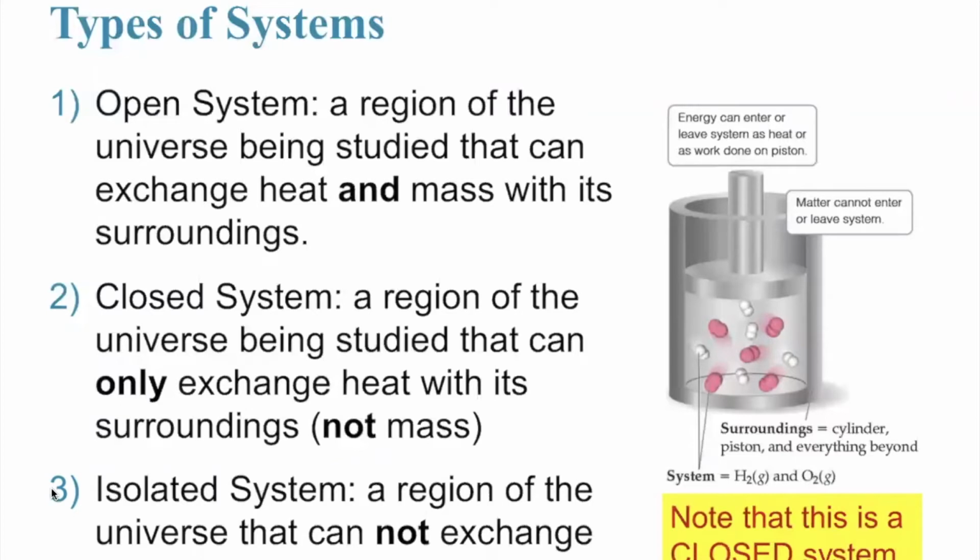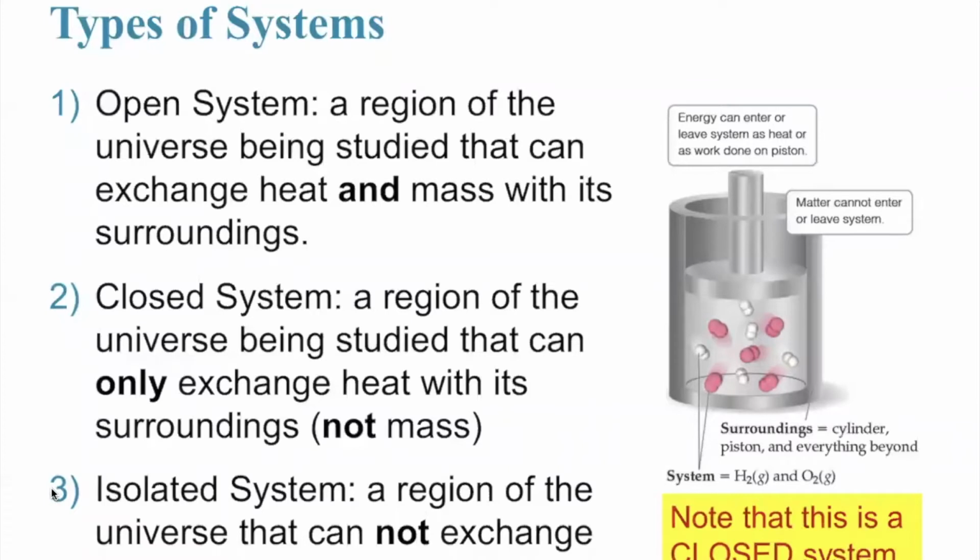Last but not least, remember that for the closed system we don't lose or gain mass, because matter is not involved. However, we are going to exchange energy, and keep in mind that energy can be exchanged through work or through heat.